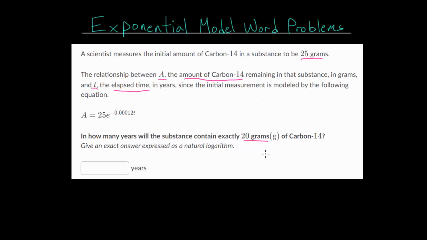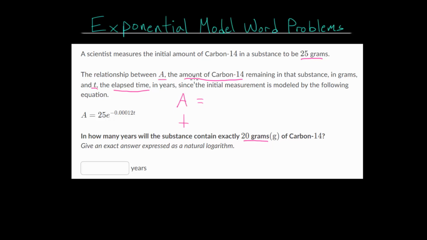When dealing with word problems, when you're given an equation with different variables in it, it's a good idea to start by defining what the variables represent. So we need to write in our own words what A is and what T is, and the word problem will tell us exactly what these are.